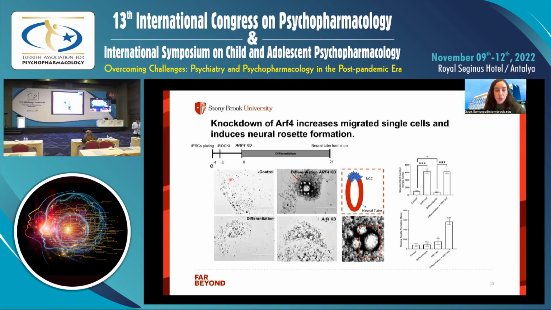So we had our control cells and the mutants with the ARF4 knockdown, and the control cells were treated with the differentiation media. As you can see, they couldn't form any neural-like tubes. And when there was the knockdown and the differentiation, they were indeed making neural crest cells aggregating and forming a neural tube structure, which was really fascinating, and that was proof that the cells were becoming neural crest-like.